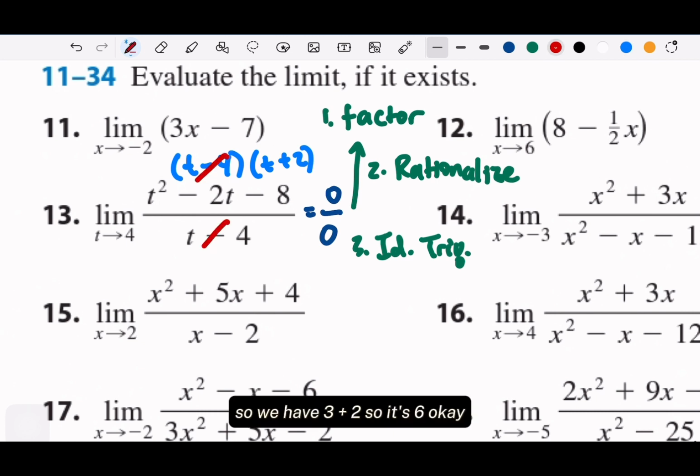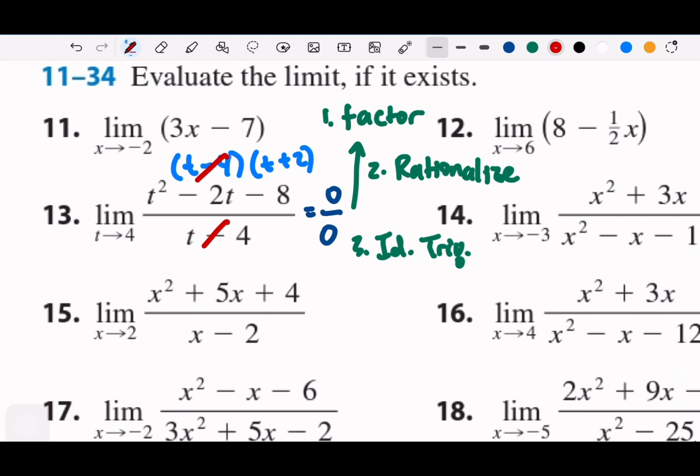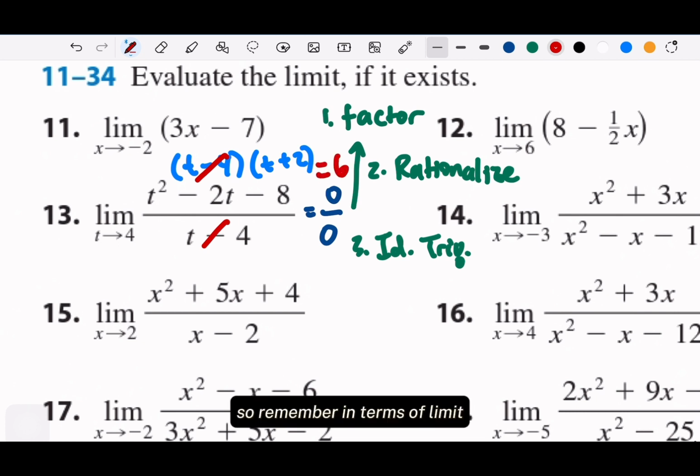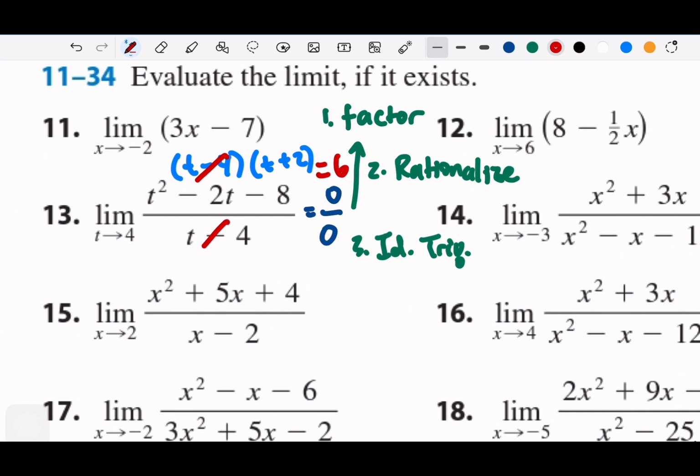So we have t plus 2, so it's 6. So this limit is equal to 6. So remember, in terms of limit, we can cancel this, okay? Don't worry about that. But if you have functions like the number 1 we did in quiz, you cannot do that. That's a different thing.